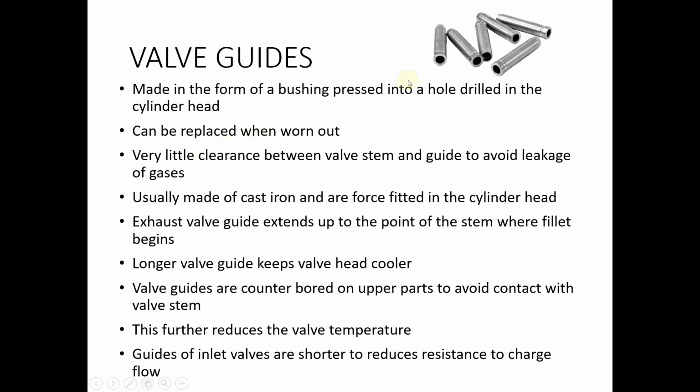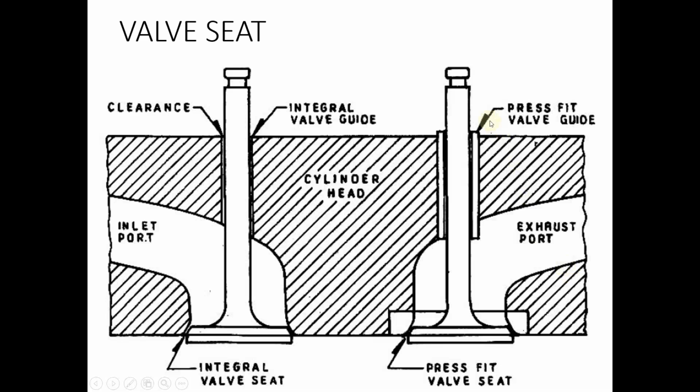This ensures that the valve stem does not come into contact with the cylinder head, and it prevents wearing of the valve stem. The valve guides are usually made of cast iron, and they are force fitted in the cylinder head. In this diagram we can see the valve guide fit inside the cylinder head, through which the valve stem is inserted. The valve stem moves up and down inside the valve guide.